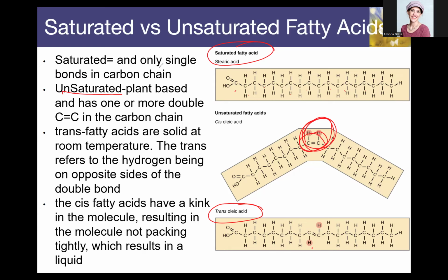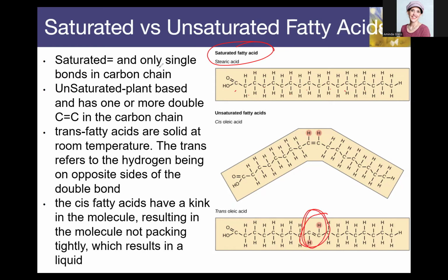Those hydrogens will give a kink. That's called a kink. It's like your hose. You want your hose to be straight, but sometimes you get a kink in it. So if you have a cis unsaturated fatty acid, that double bond right there will cause a kink as these hydrogens are trying to get in the same area.